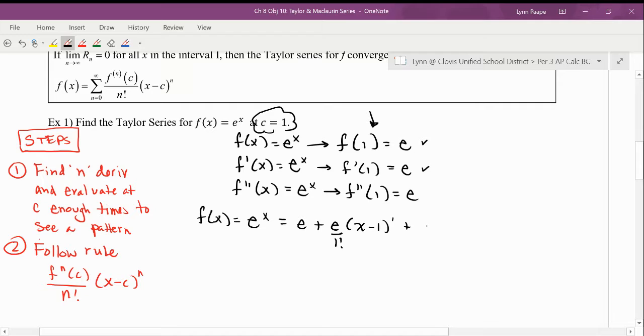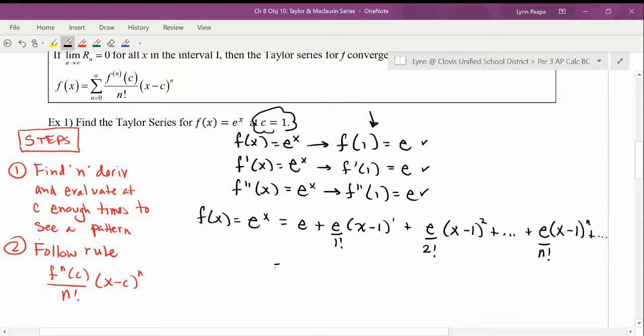Then we have e times x minus 1, from the second derivative, so a power of 2 over 2 factorial. Then dot, dot, dot, and then we put in our nth term: the nth derivative, which is e, and then x minus, not c, x minus 1 to the power of n over n factorial, plus dot, dot, dot.